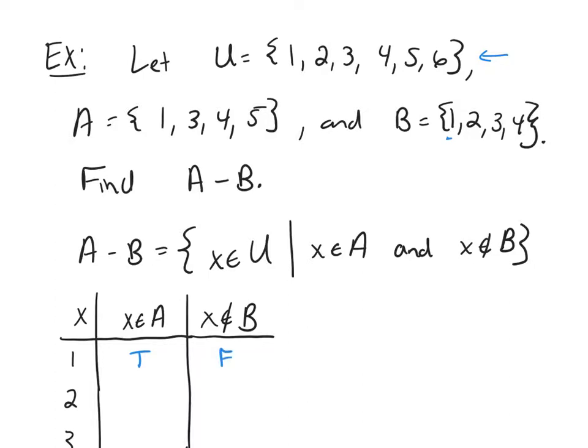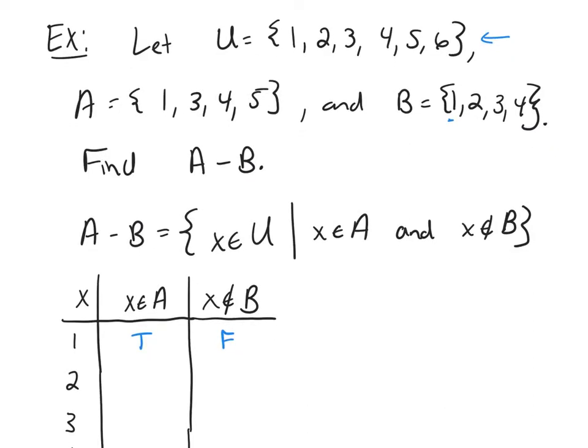Okay, so now let's look at the next row. Was 2 in A? If I look at A, 2 is not in A, so this would be false. Is 2 not in B? 2 was in B, so this would be false.